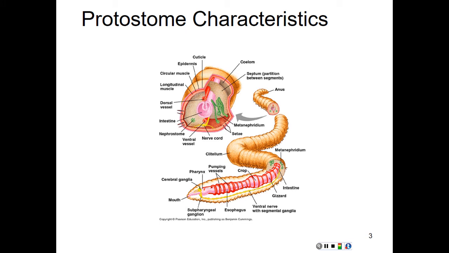organism. Kind of the main thing that makes them a protostome is that the blastopore of the gastrula is going to become the mouth. In fact, the word protostome means mouth first, a reference to the fact that that first opening, the blastopore, is going to become the mouth.